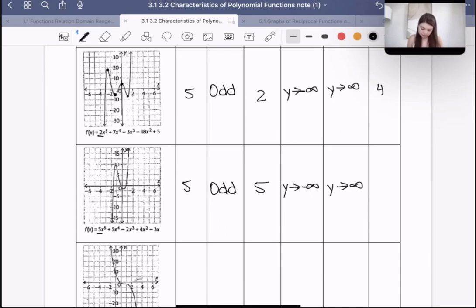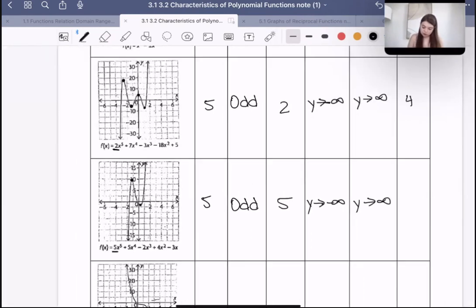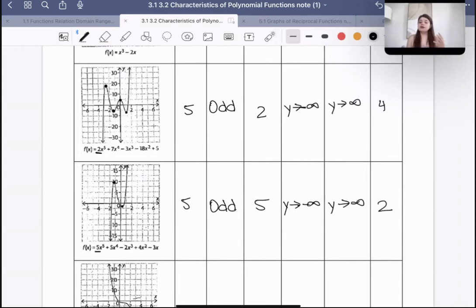Very good. Now, we know that the maximum number of turning points can be 4, because it's degree 5. But in this case, I only see two turning points. And so we're going to write down 2. Even though this is the first one where the turning points haven't been exactly 1 less than our degree, and in general, most of the time the turning points are exactly 1 less than the degree, there are some exceptions like this one here, and we'll talk about why there are exceptions and how we would know, without the graph, that there would be exceptions later on.